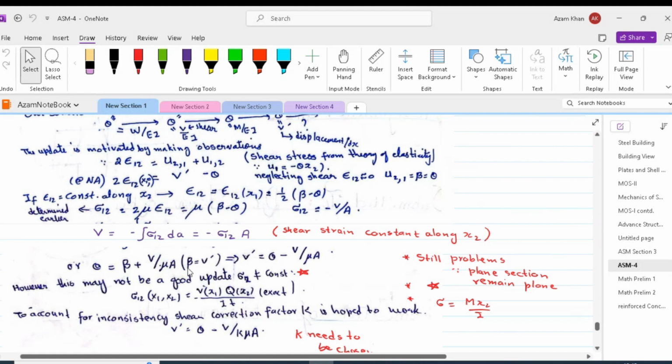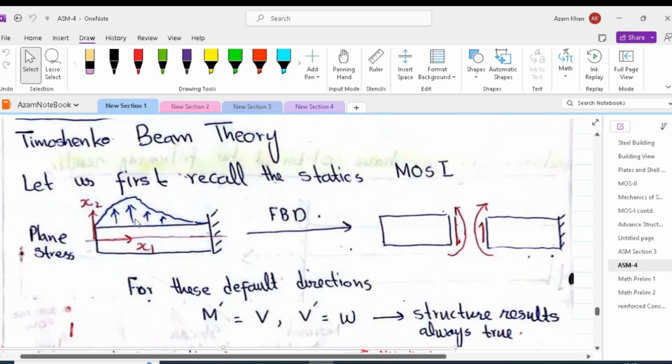is equal to μ(β minus θ). Now V, which is defined as shear, is equal to minus the integral of σ1,2 dA. The reason we have taken V as negative is that as per our sign convention, normally the load is applied in the opposite direction, so the shear will be negative.